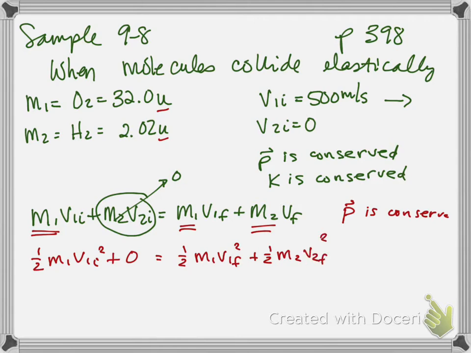So we have 2 equations and 2 unknowns, and through substitution you can solve this. If you take a look at page 397 in your book, they even skip a few steps, but if you like to do this sort of thing, then go for it.